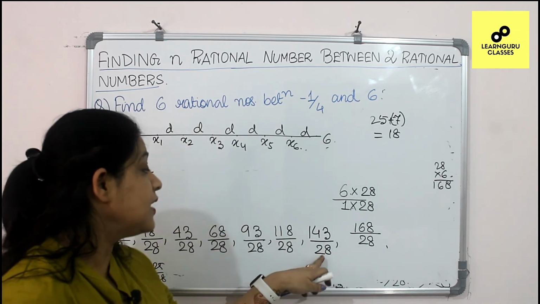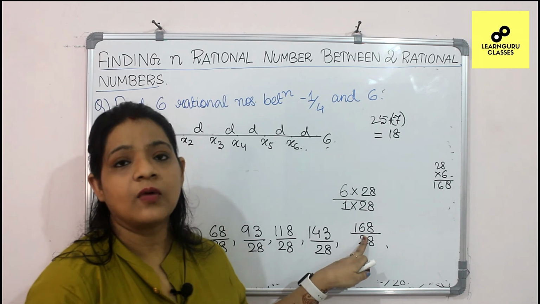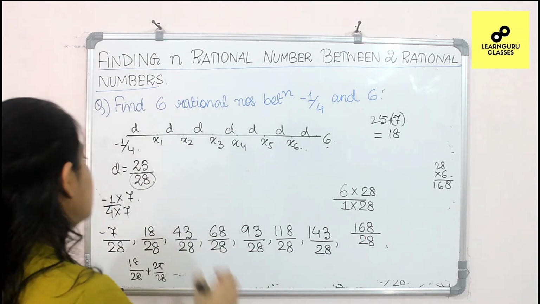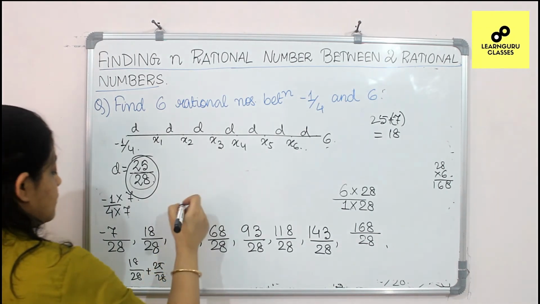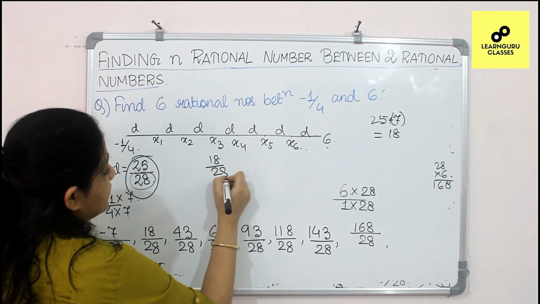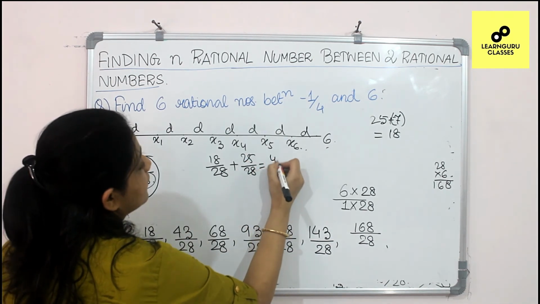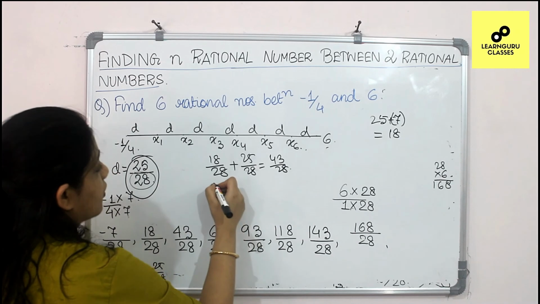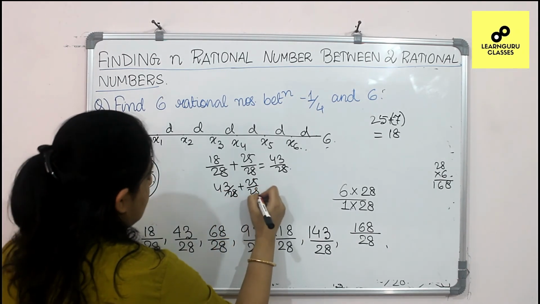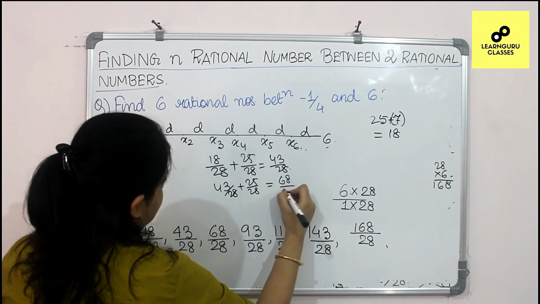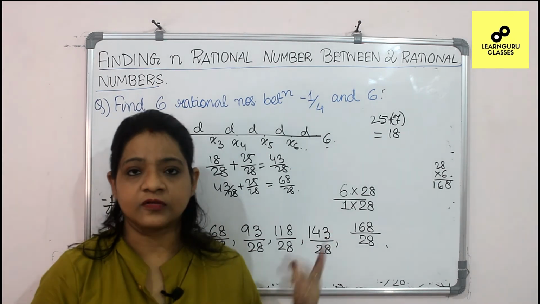And 143 by 28 plus 25 by 28 will give you 168 by 28. So just adding 25 by 28 each time, in this way you have proceeded.